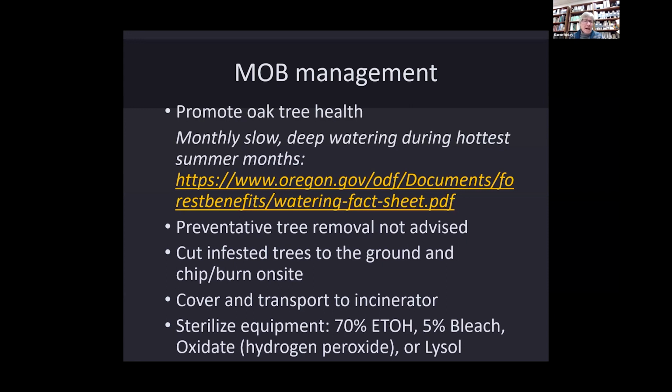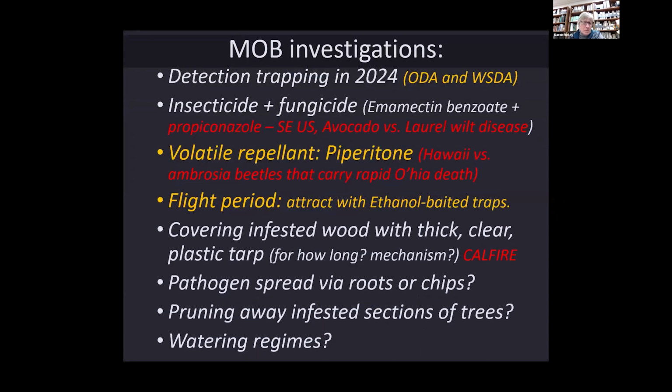Because you're dealing with a pathogenic fungus, your tools should be sterilized with 70% ethanol, 5% bleach, hydrogen peroxide, or Lysol. Some of the work that's being done right now, there's detection trapping occurring in 2024 to see if more areas can be spotted.